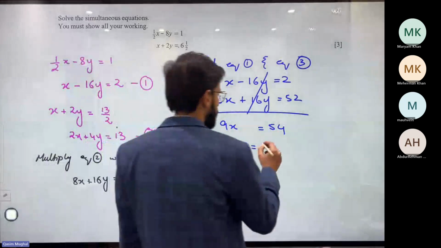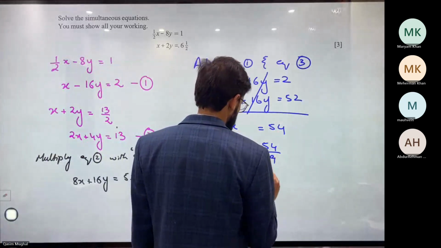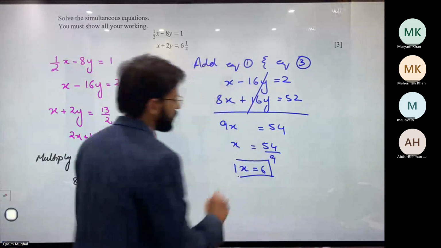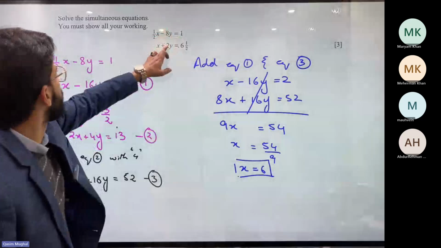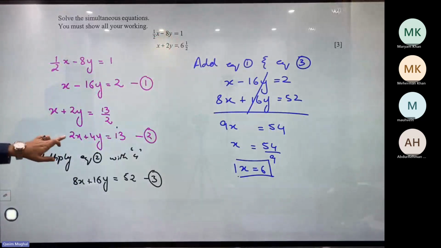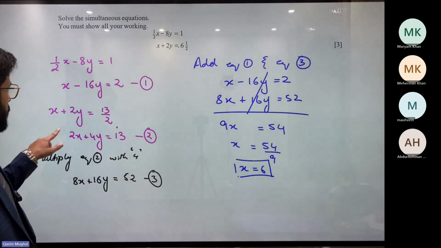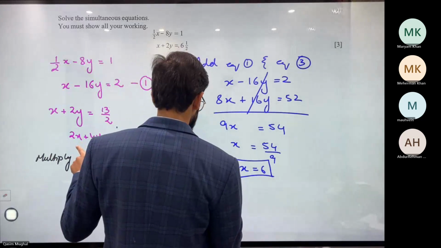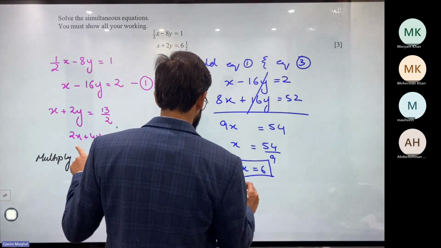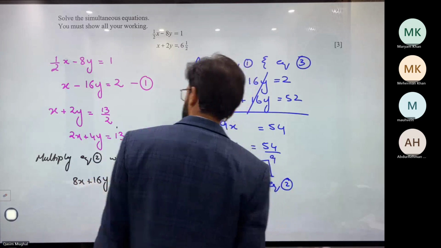54 over 9 कितना आएगा? 6. X की वैल्यू आ गई 6. अब आपको y की वैल्यू निकालनी है। इसको इसमें पुट करें, इसमें पुट करें, टोटल आपकी चॉइस। 4 इक्वेशन है आपके पास, ठीक हो गया। हम इसमें पुट करते हैं। पुट x equals to 6 in equation 2.